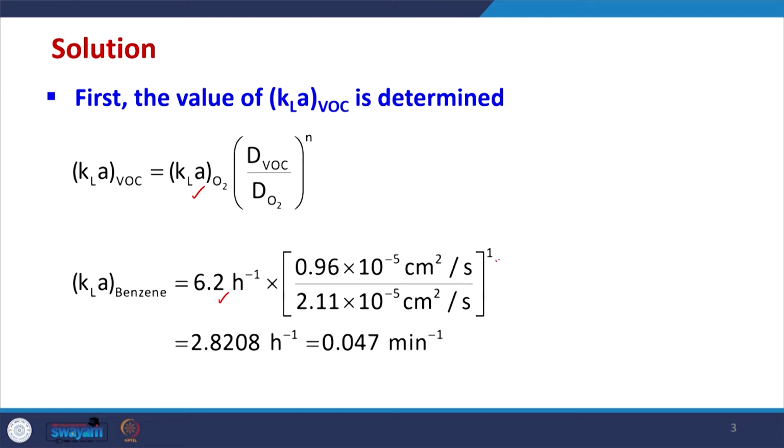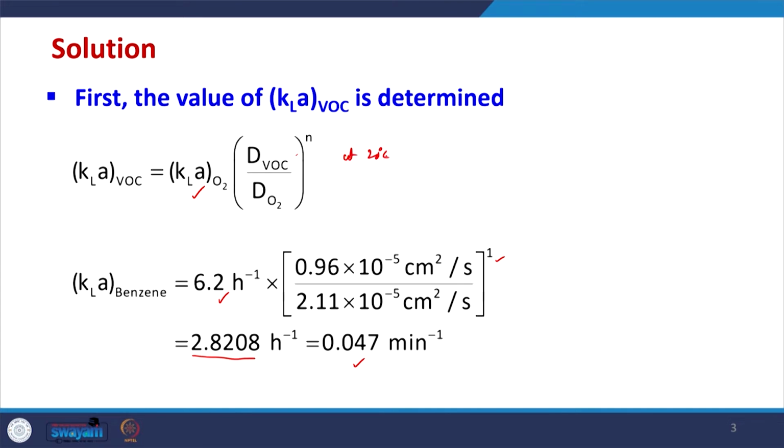Using the index of 1 we can solve it easily and get 2.8208 per hour, or 0.047 per minute. So this is the first step, and we can find the KLa of benzene. Similarly, for any other problem we can find out the KLa for any other VOC, if generally these diffusivity values are given at 20 degree centigrade.